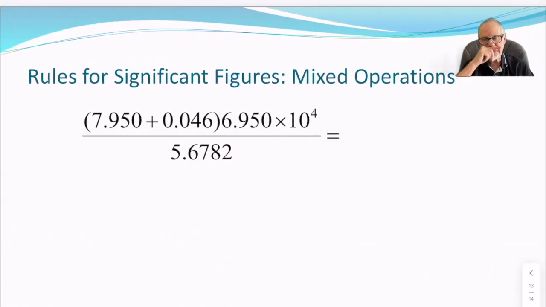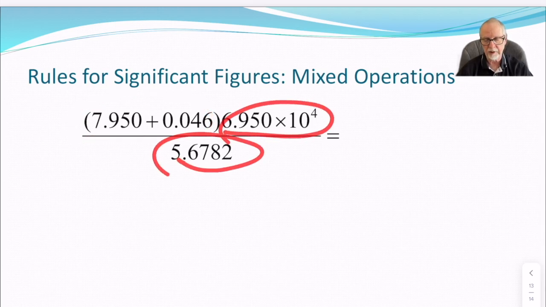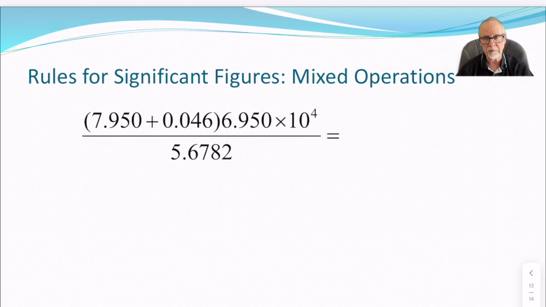All right, let's do one that's a little bit more complicated. So here's a complex number, a mixed operation. You'll notice that we've got a quantity here that's an addition, and then we've got multiplication and division involved in this. So we've got both types of operations.